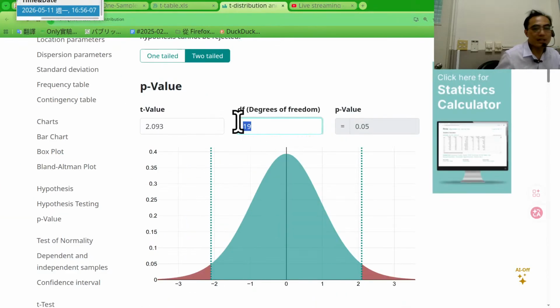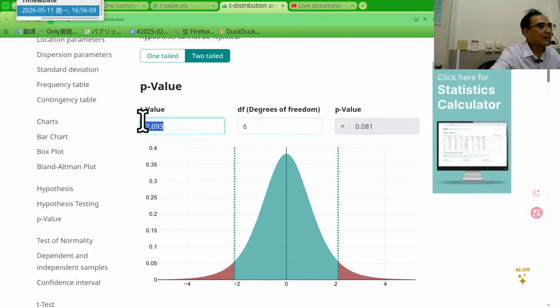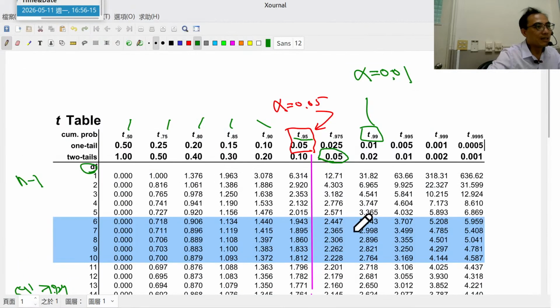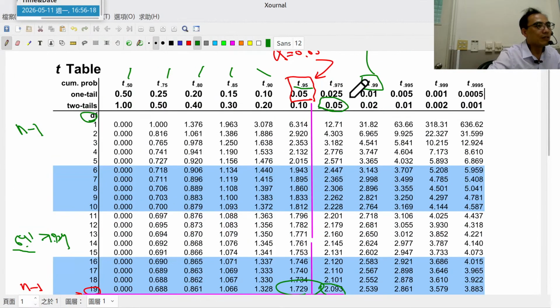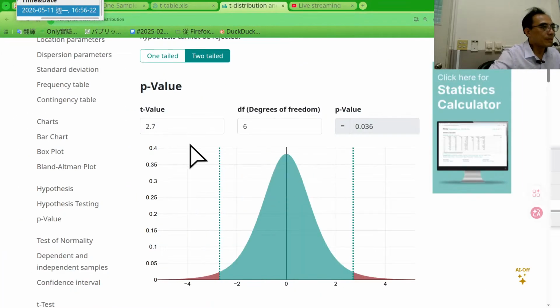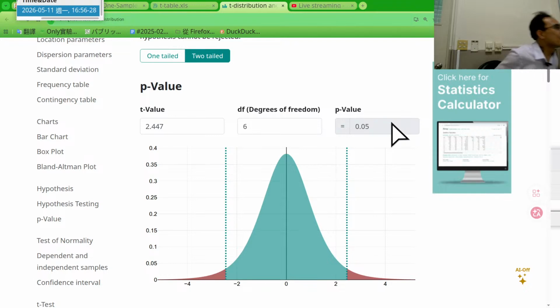Degrees of freedom 6. Oh, sorry, I forgot the number. 2.447. 0.05.